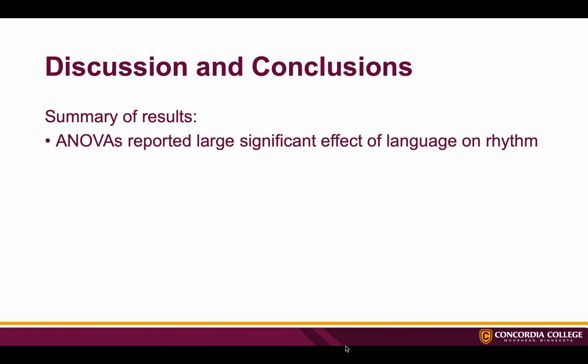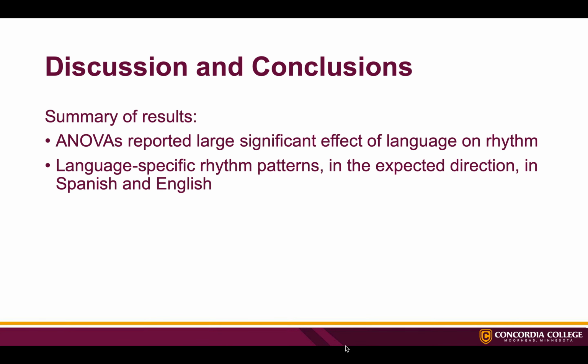Analyses of variance reported large significant effects of language on rhythm for these speakers. Or in other words, language-specific rhythm patterns were found in the expected direction for English and Spanish, with Spanish being significantly less variable from one interval to the next, or all intervals from one utterance, than English.